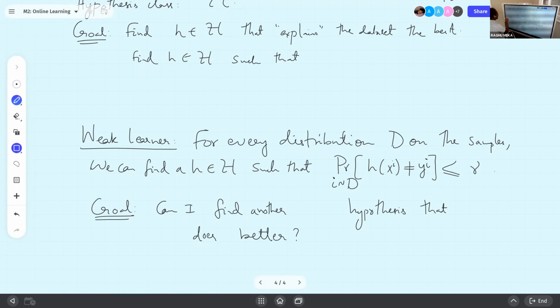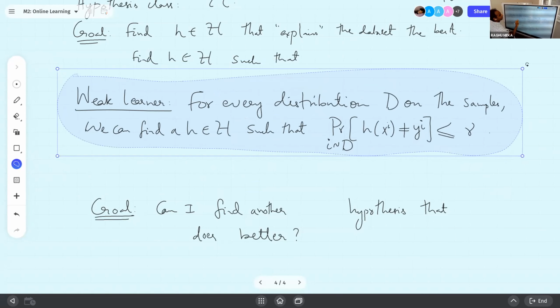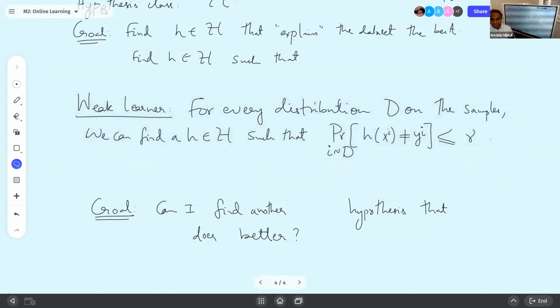Okay, so this is our assumption now. Meaning I can pick any subset of my samples, and even within that subset I can find some hypothesis which does 51%.